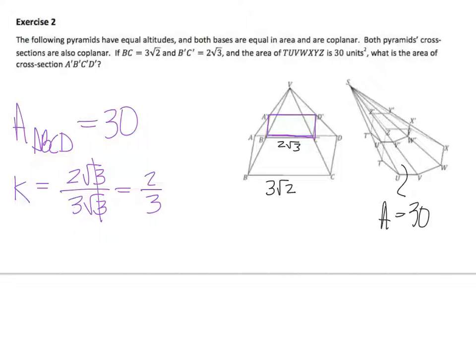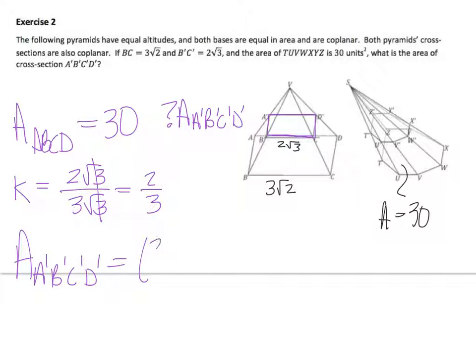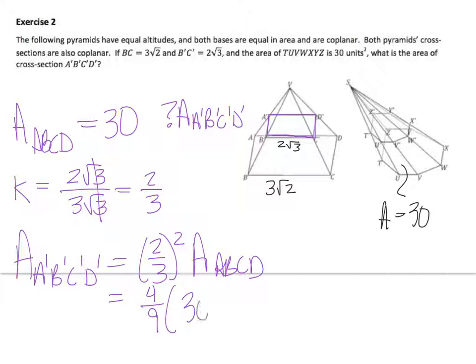So what we're looking for is the area of A prime, B prime, C prime, D prime, which is smaller. So the area of that is going to be equal to 2/3 squared times the area of A, B, C, D. 4/9 times 30. 4 times 30 is 120.